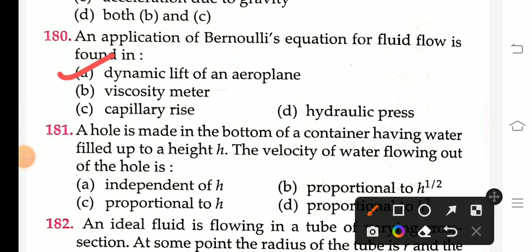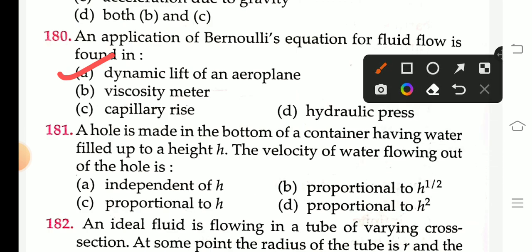A hole is made in the bottom of a container having water filled up to a height h. The velocity of water flowing out of the hole is proportional to h to the power half.